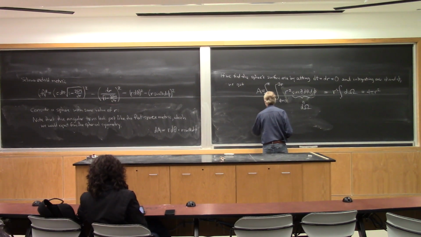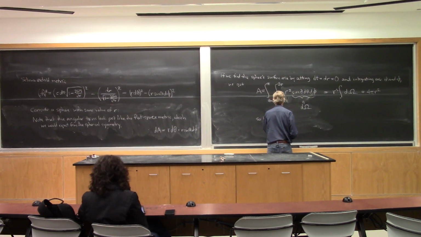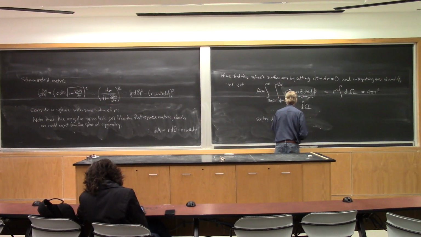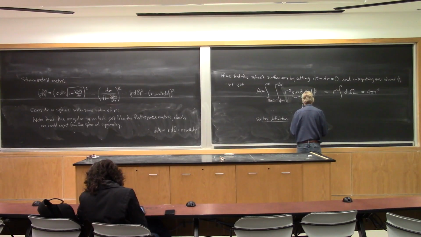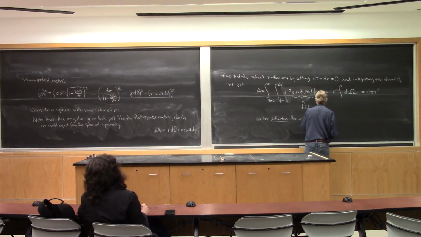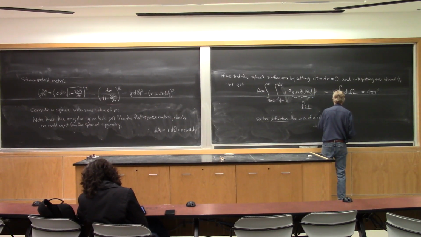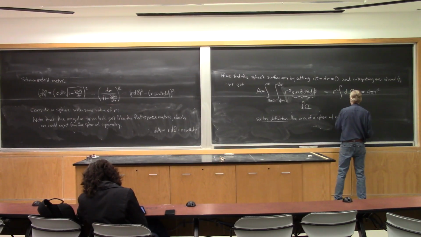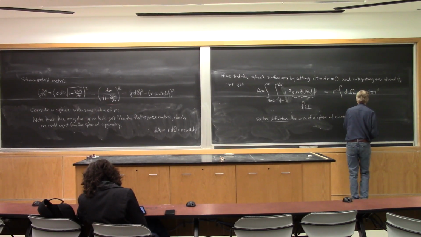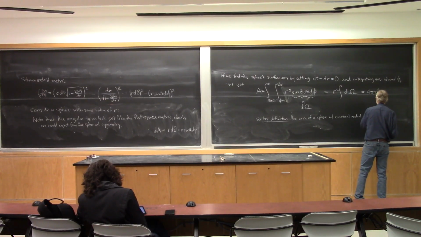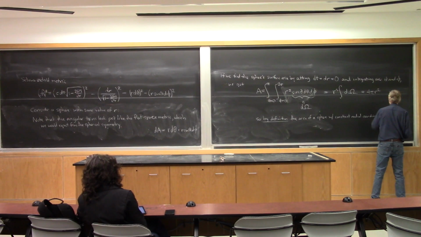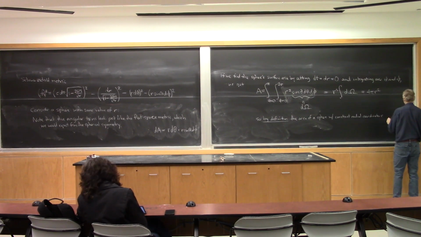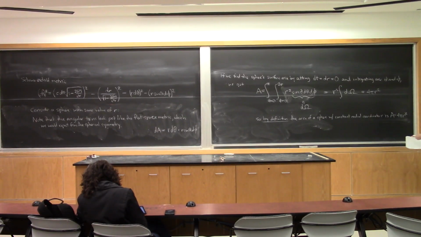So by definition, the area of a sphere with constant radial coordinate r is A equals 4 pi r squared.